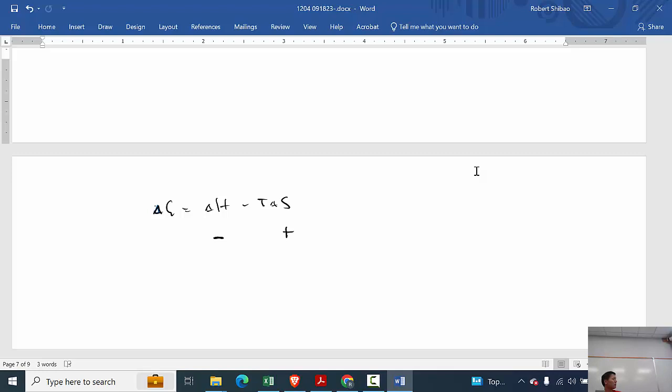It doesn't matter what the temperature is, so we say this is spontaneous at all temperatures. If delta H is positive and delta S is negative, then this is unfavorable under all conditions, so it is non-spontaneous at all temperatures.